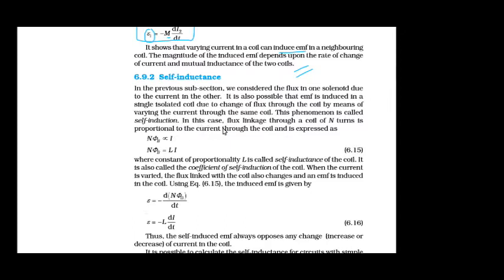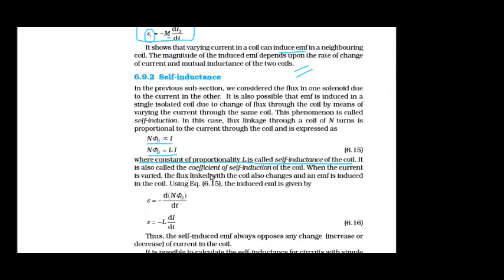Self-induction. In this case, flux linkage through a coil of N turns is proportional to the current through the coil and expressed as N phi B is directly proportional to I. So N phi B is equal to LI, where the constant of proportionality L is called self-inductance of the coil.